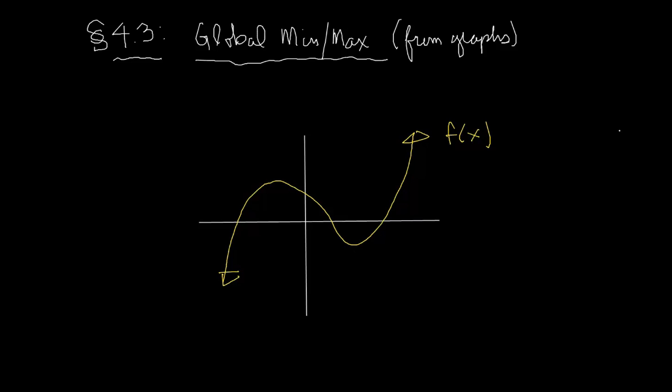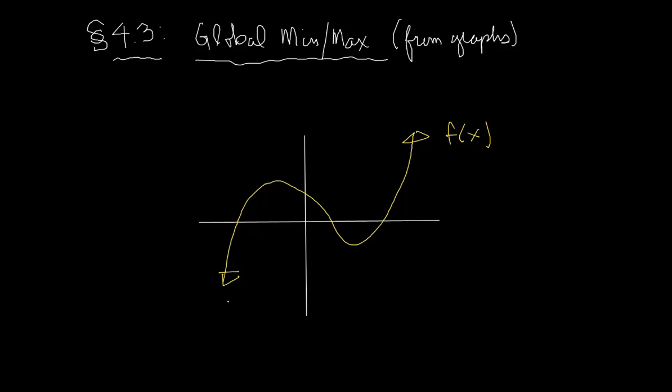You see the question is a little different, because in this function that I have drawn here, there is no global max, because the way I've drawn it, it keeps going up and up forever. Similarly, there's no global min either, because if you go to the left, the function just keeps going down.